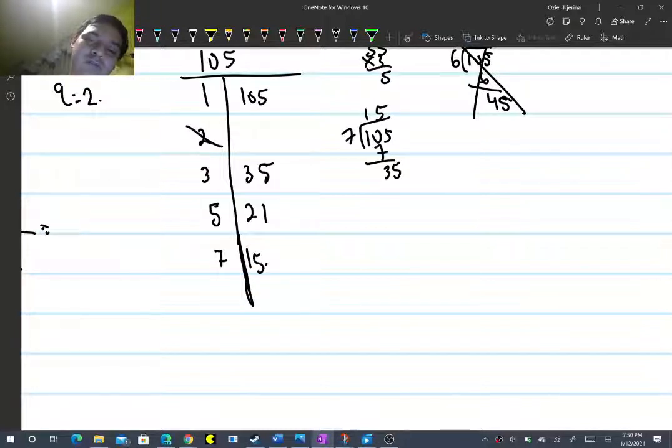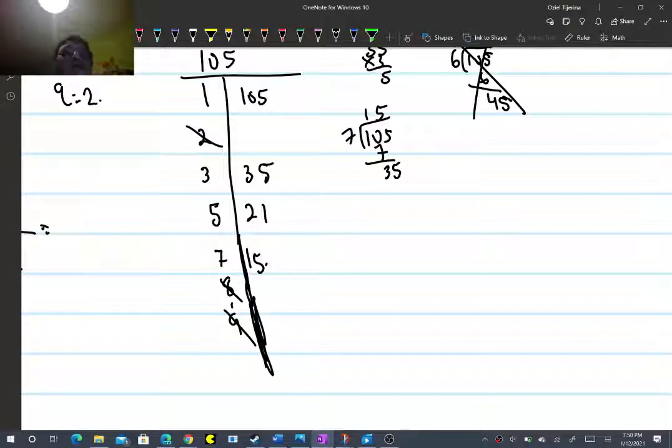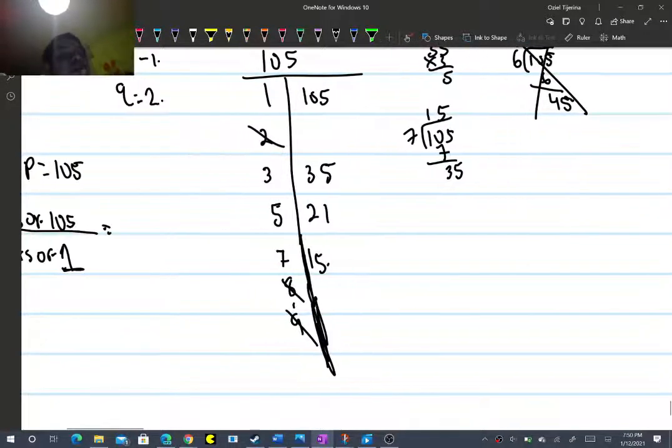If we do 105 divided by 8, and I can actually just use my calculator here, 105 divided by 8, that's not a factor. 105 divided by 9, that's not a factor. Okay, so I think we have all our factors now.